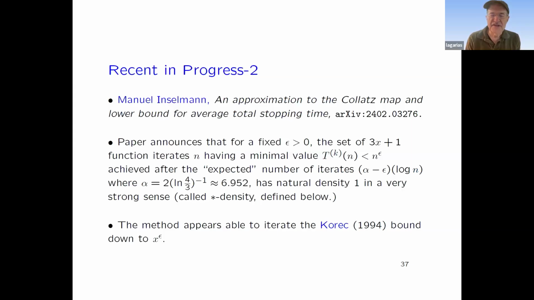So this is a natural density result, which is the gold standard, as opposed to the logarithmic density 1 result. And it has apparently a mechanism to allow to iterate the Korek bound down to x to the epsilon. And it's got combinatorial ideas, which I want to have in the next slides.